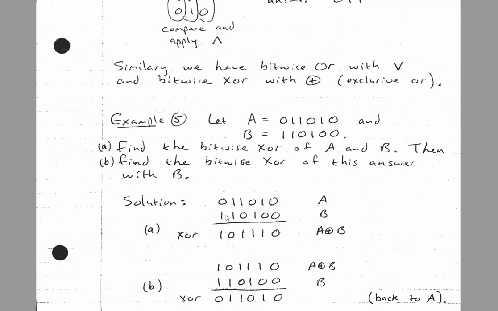Good to write one string over the other. For exclusive OR, we're looking for the bits to be different. That'll give us a 1. If they're the same, we get a 0. Different, different, different, same, so 0 here. So this is the answer for the first part.